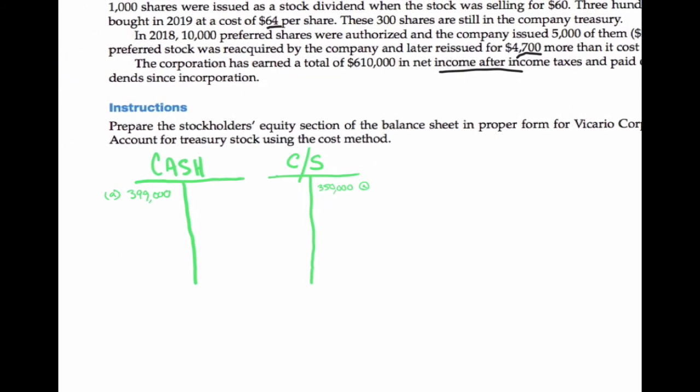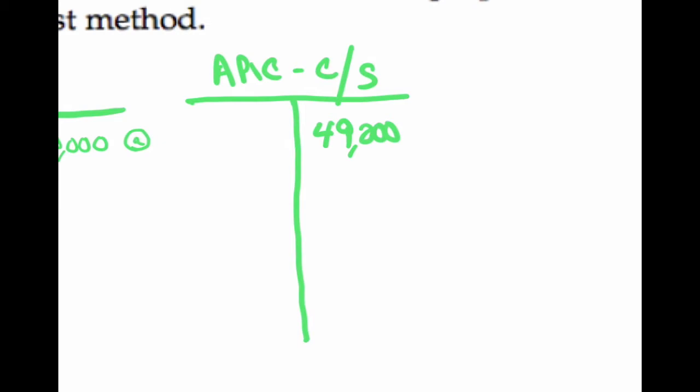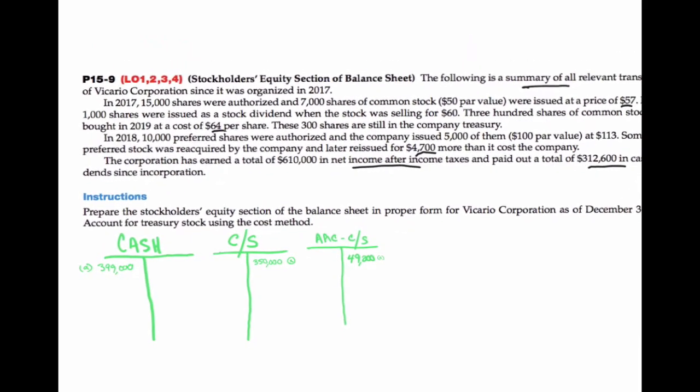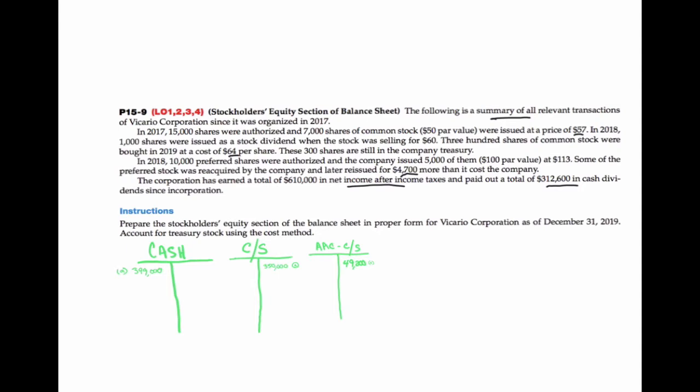And then we're going to have additional paid-in capital, common stock, for the extra 49,000, and that's also in A. So that's our first journal entry. The rest of it, about the 15,000 shares authorized, is really notation.